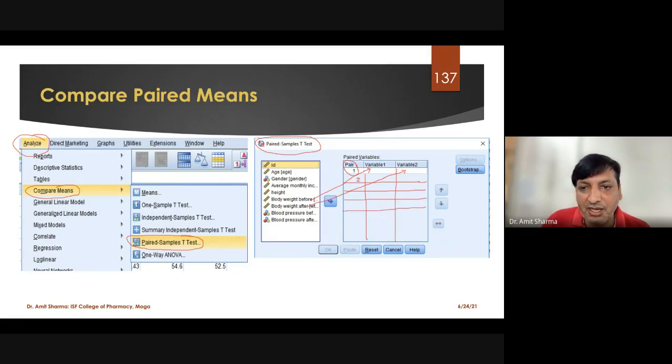Here you can add 3, 4, or 5. For example, first is weight 1 and weight 2, second is systolic blood pressure 1 and systolic blood pressure 2. Like this you can add if you have multiple variables.